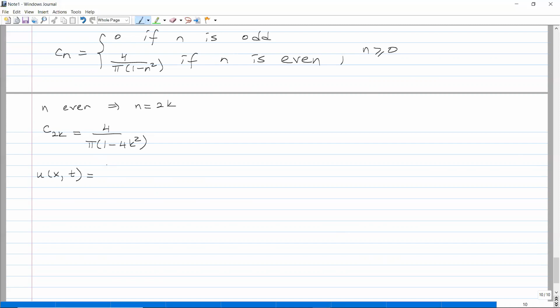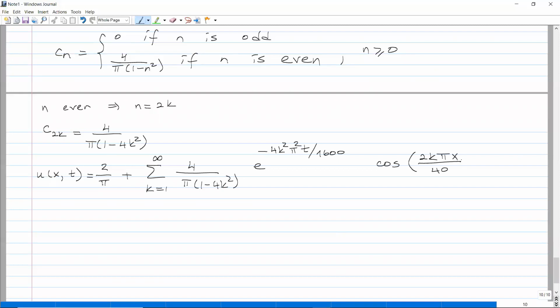C0 is 4 over pi, over 2, so 2 over pi, plus the sum k from 1 to infinity, because I have only C sub 2k, 4 over pi times 1 minus 4k squared, e to the minus n squared, which is 4k squared, pi squared t over L squared, 1600, cosine of n, which is 2k pi x over 40.